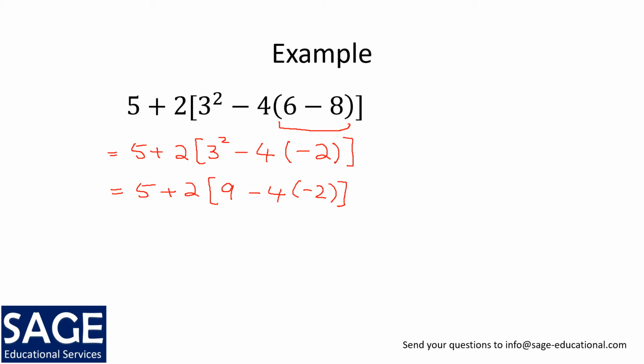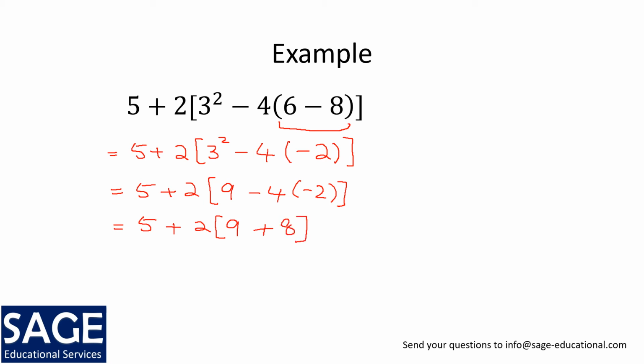Now there's a multiplication. Whenever you see a number outside a bracket, outside a parentheses, that's multiplication. So the next thing I'm going to take care of is the multiplication. So 5 plus 2 and 9 plus 8.